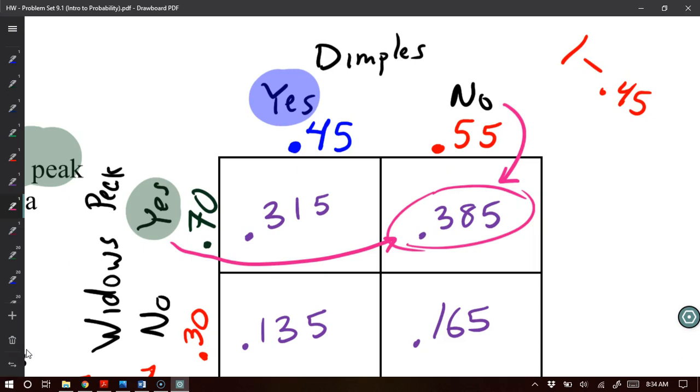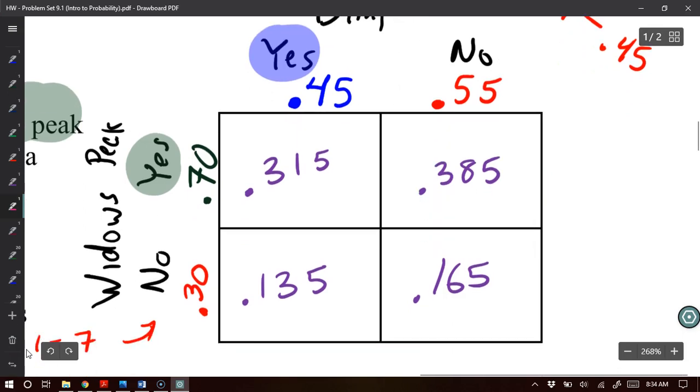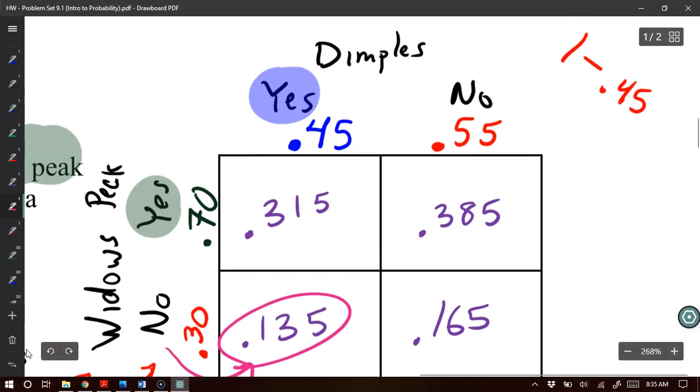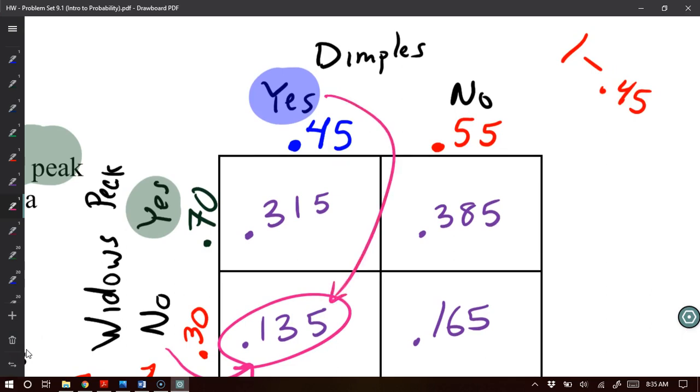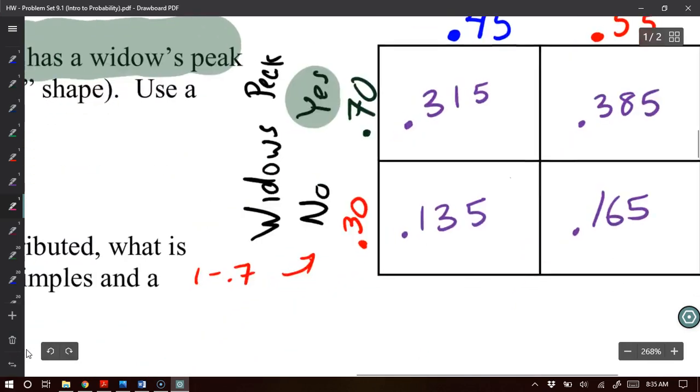The probability of that occurring is 0.385, or 38.5%. So each box represents a certain event. If I go right here, that's the probability of somebody who does not have a widow's peak, but does have dimples. So that's how you read the area. I'm saying that to help us with the problem.